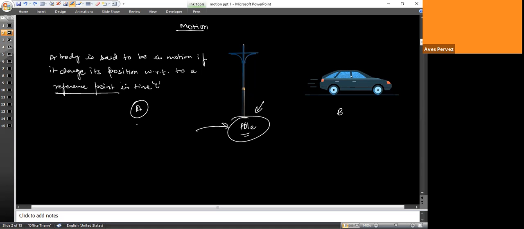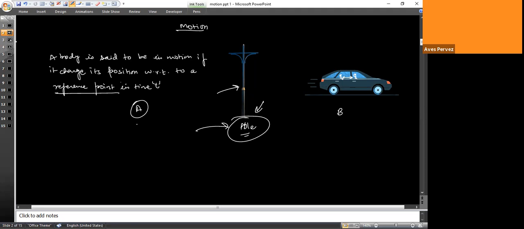For example, in a car, if a driver and a person sitting in the back are not in motion with respect to each other, the car is in motion. But with respect to this pole, this reference point, they are in motion. I hope you understood, beta. If you have any doubt, let me know.